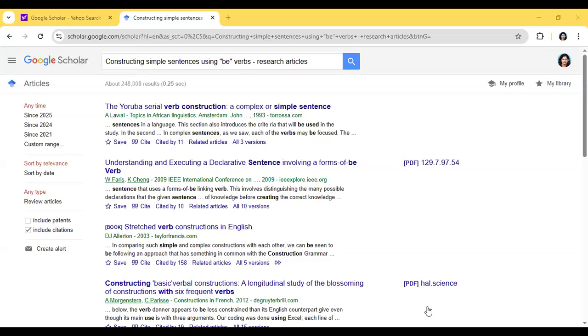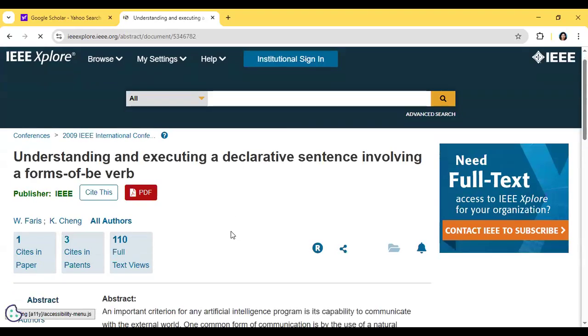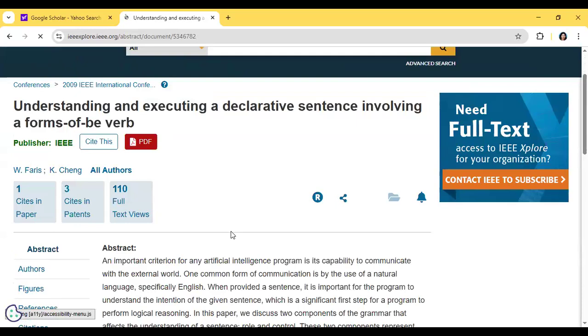Can you see the screen now? Yes, ma'am. Okay, understanding and executing a declarative sentence involving forms of be verbs, right? We'll see this one.